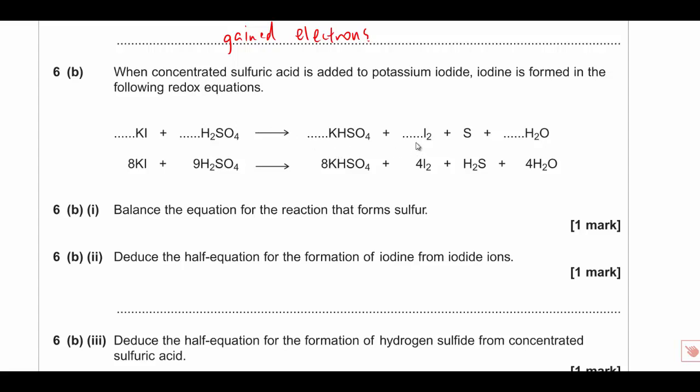We could initially balance the iodines. We could go 2 there. That balances our iodines up. We needn't use numbers in every space, although they perhaps do want numbers in every space. 2 Ks, need to balance that with the 2 as well. This probably isn't right, but we'll see where we get.